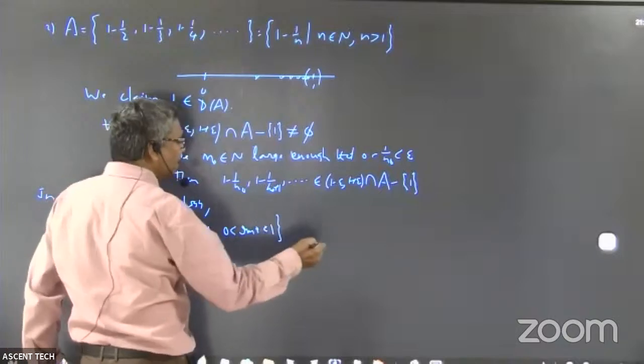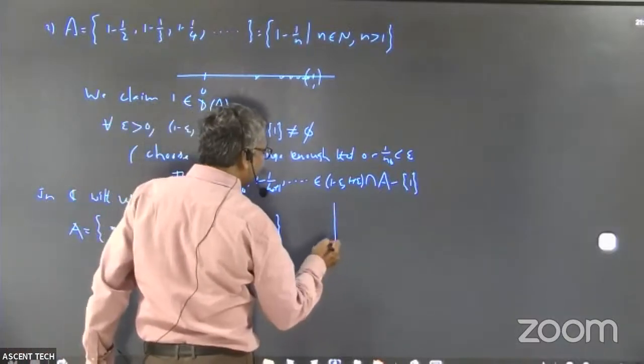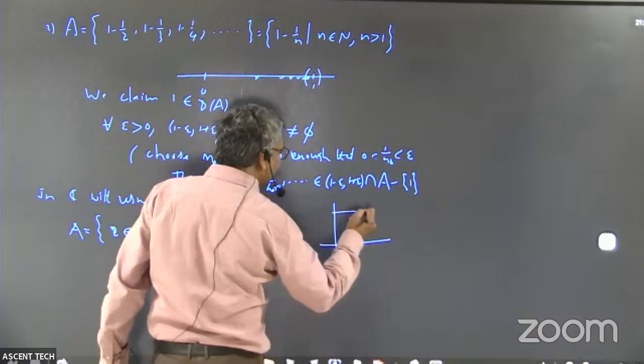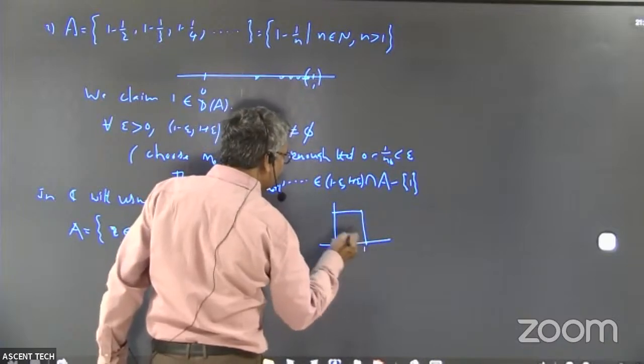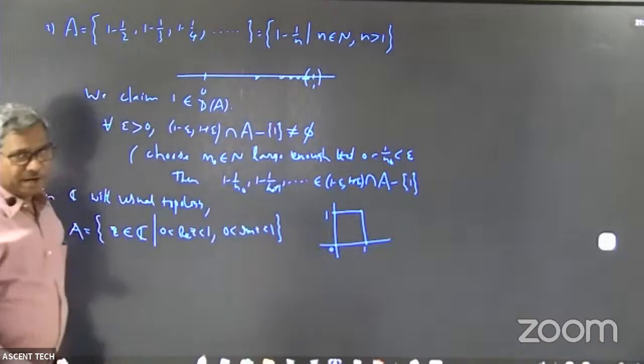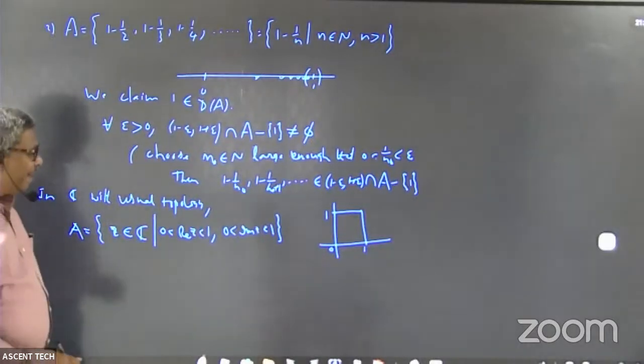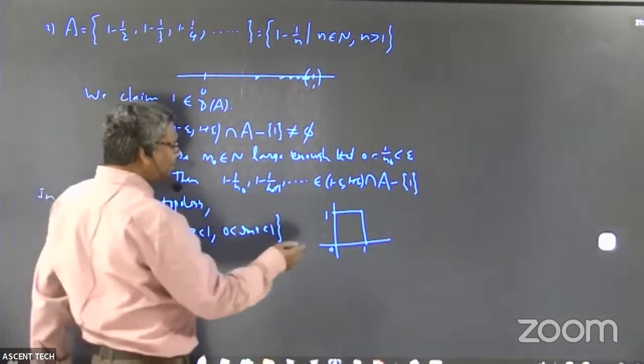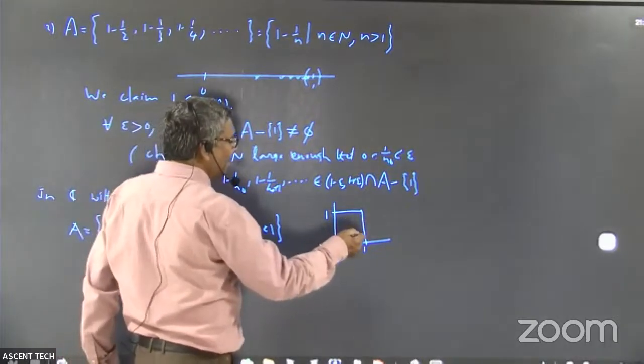So in the complex plane, I'm looking at this square with corners 0 and 1, avoiding the boundary. And you can see that every element on the boundary is a limit point.